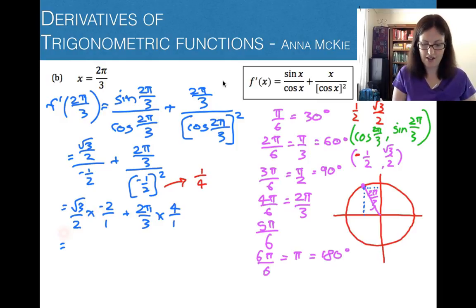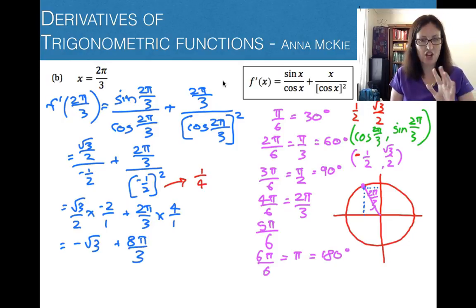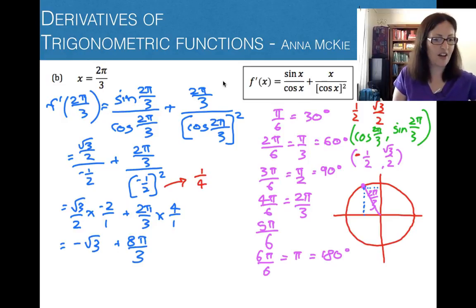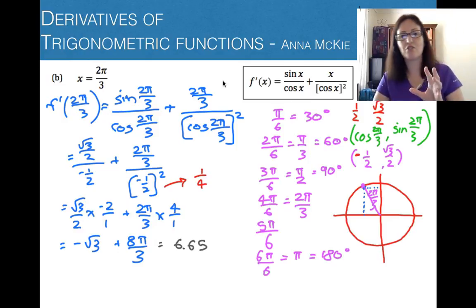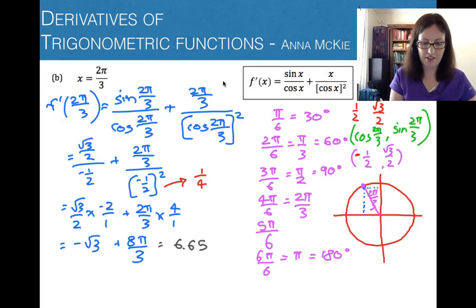These 2's will cancel, negative root 3, add 8 pi on 3. For time, I'll get you to check that with your calculator. I'll tell you that that's 6.65, so that when you check it in your graph by subbing in 2 pi on 3, that's the answer that you should get.